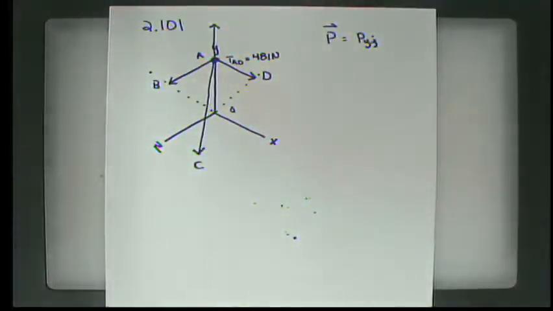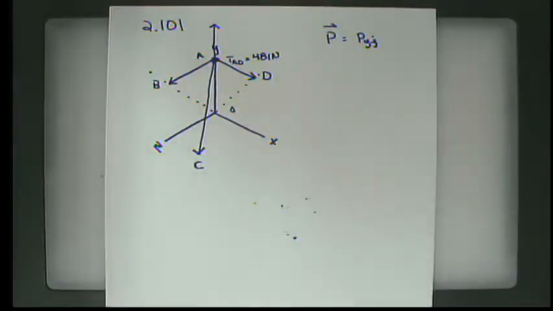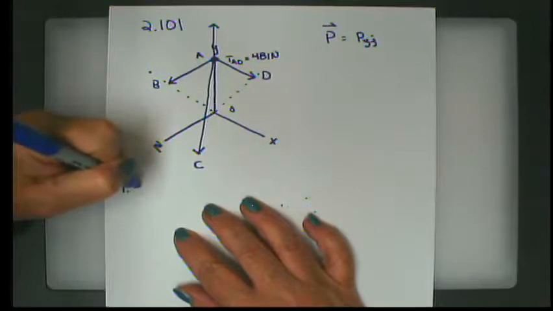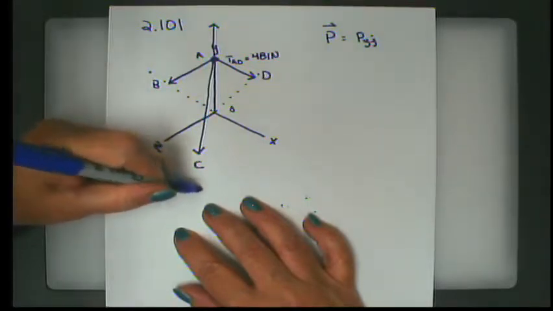So what we need to do first of all is define each of these tensions in these cables. The first thing I would do is find the physical dimensions of each cable.